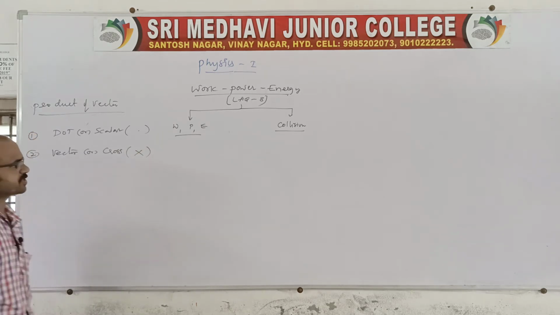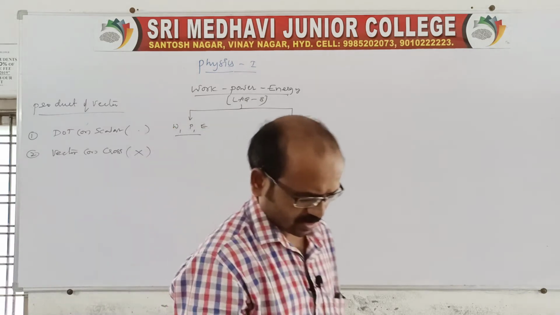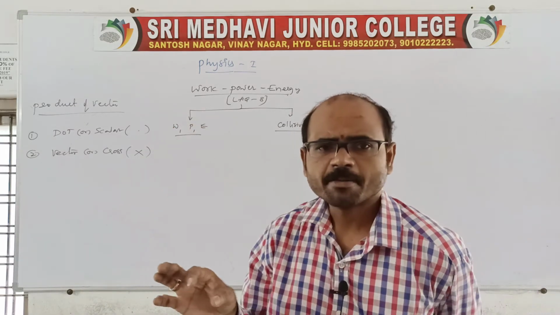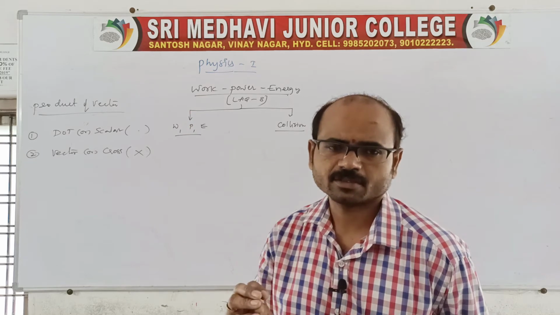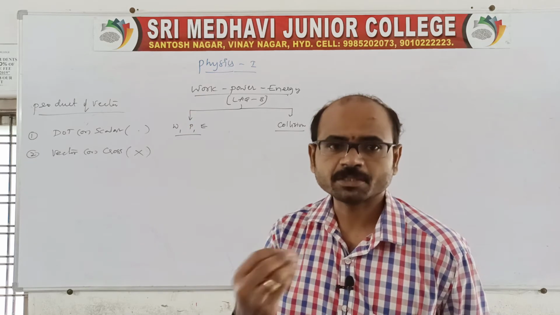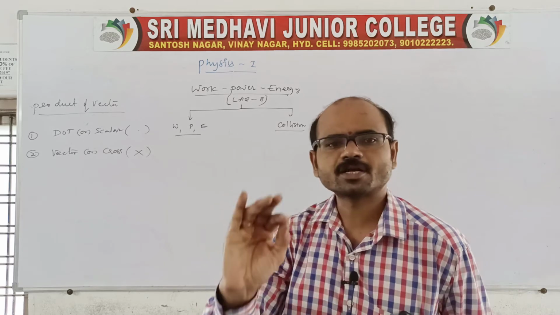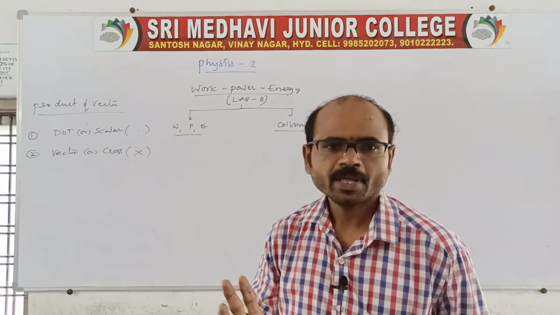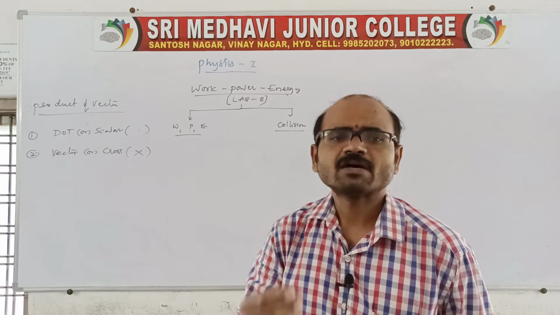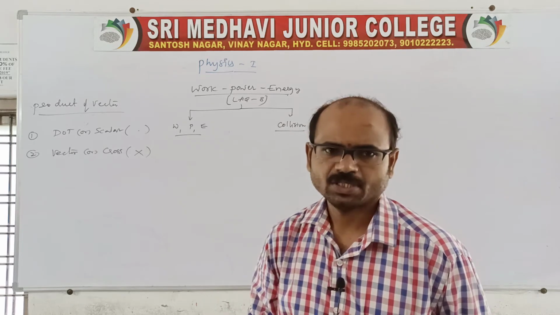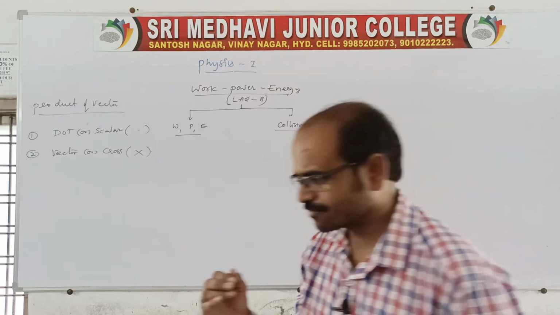Sir, what are the differences there? I'll tell you, both are products only, but there are some properties. Dot and cross are both related to multiplication, but we have some properties of how we can take the multiplication. So those properties we have to learn.